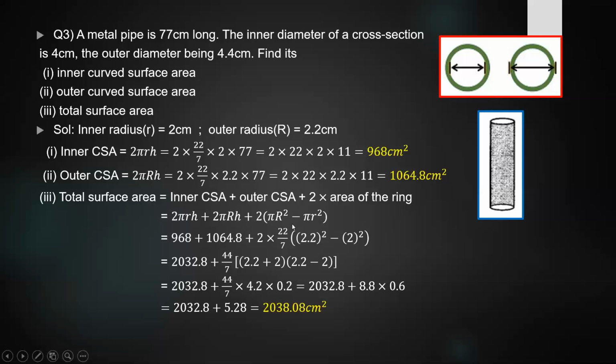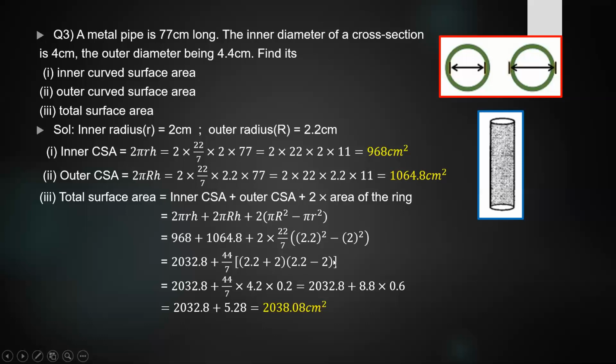What is the area of the ring? It is the area of the outer circle minus the area of the inner circle, which is pi capital R square minus pi small r square. Since there are two rings, the bracket is going to be multiplied with 2. So substitute the values that you already have as answers in the first two parts and substitute the values for the remaining part of the step.